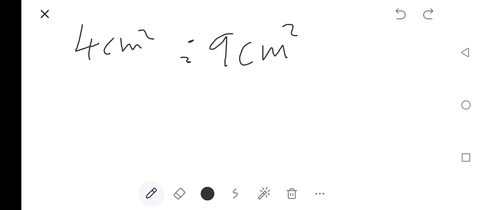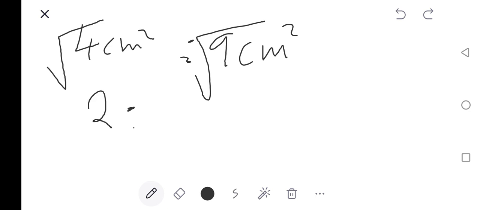What are we finding? We are finding volume. Don't rush and say cube root or cube. No. First square root. Area must be square rooted. What's the square root of 4? 2. What's the square root of 9? 3. We had 3 in the first place; there is no square root of 3, it will give us a decimal.